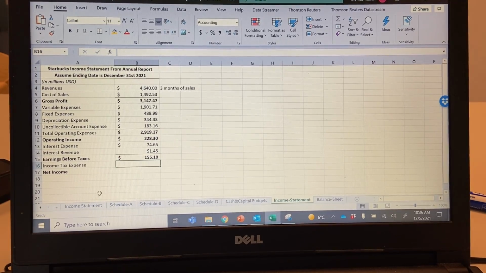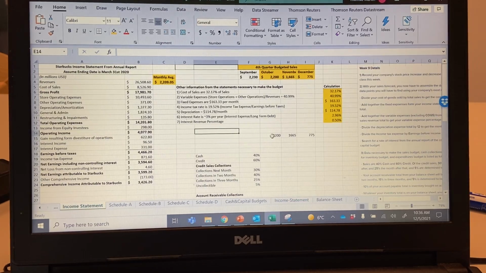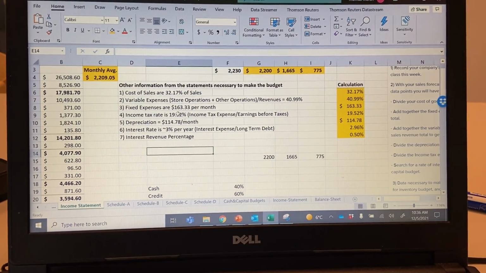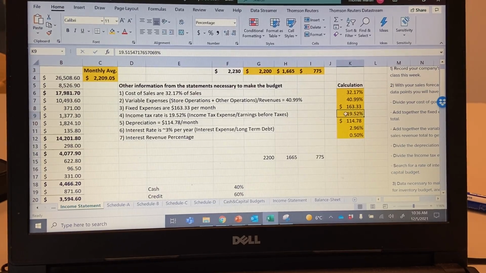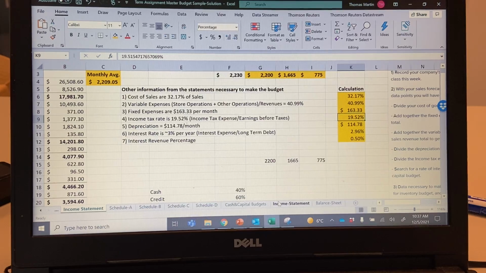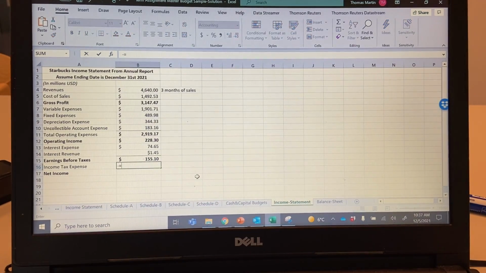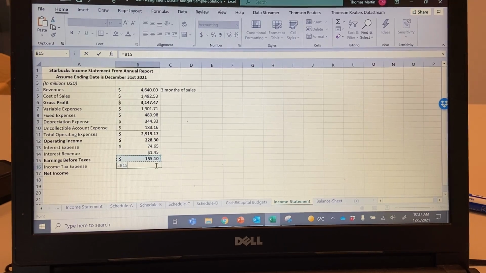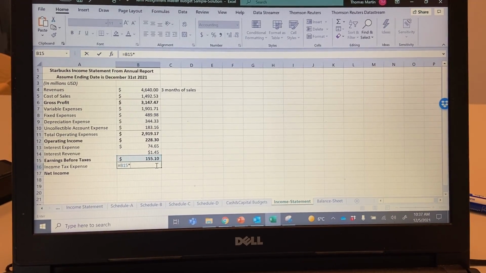For income tax expense, if we come back to our budget information, the income tax rate is 19.52. So here's our income tax percentage, and we have to calculate income tax expense. These are the earnings, 155.1. How much taxes do we pay?